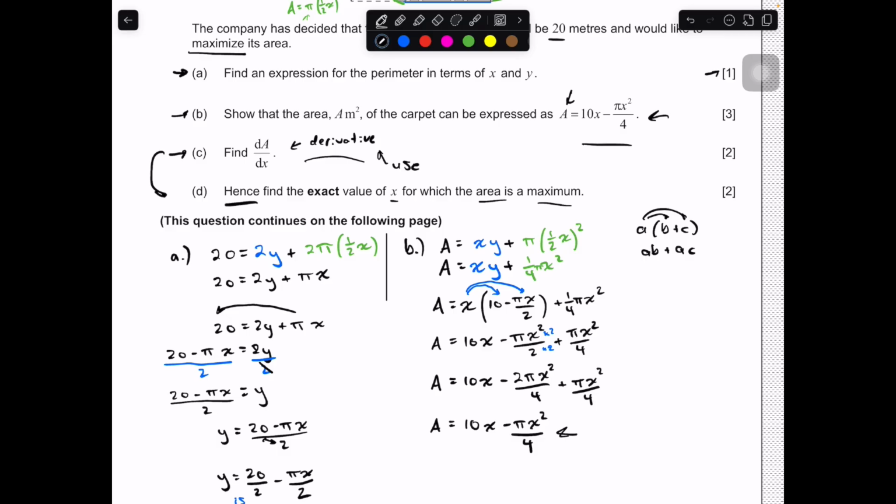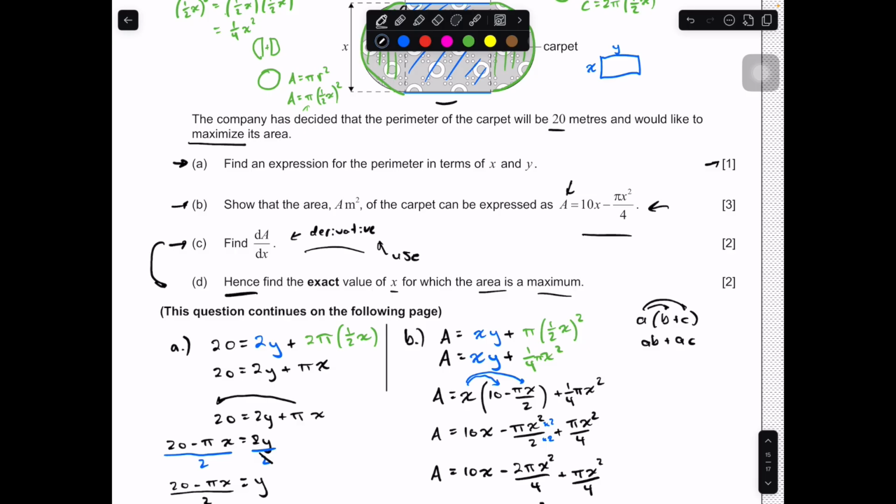If you weren't able to solve for this derivative, it doesn't mean that you can't actually find the area. You could just plug this into the calculator, for example. Area against x. To be honest, it actually looks like it's just going to be a quadratic that's going to open downwards. And you could just find that maximum point, and you'll get 1 out of 2 marks.